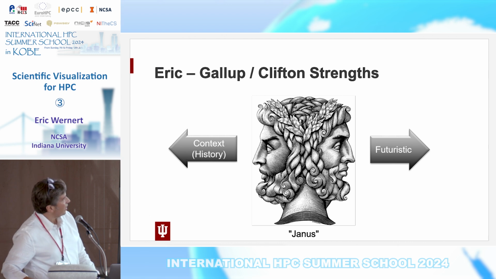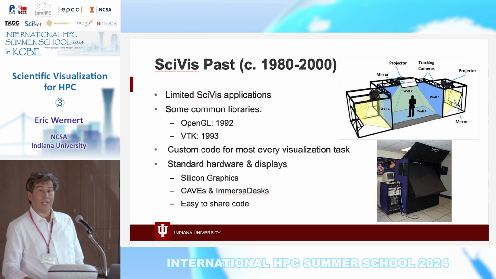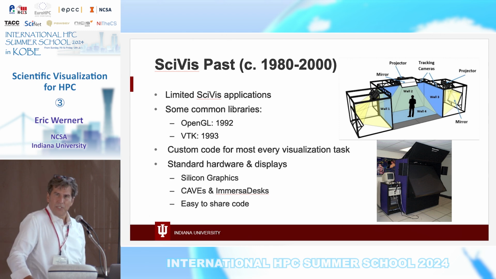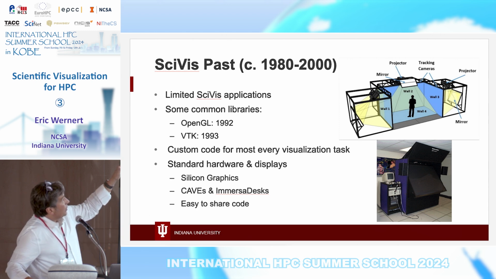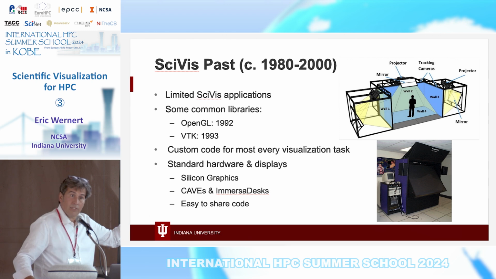I won't bore you too much, but where has scientific visualization been? If we roll all the way back, some of the first visualization was in the 1960s, but I came in about the middle of that first generation, where we had very limited scientific visualization applications. We did have OpenGL, we did have VTK, but you had to make custom code for just about everything.